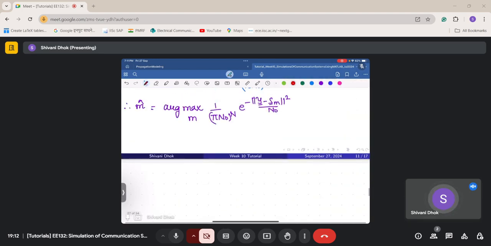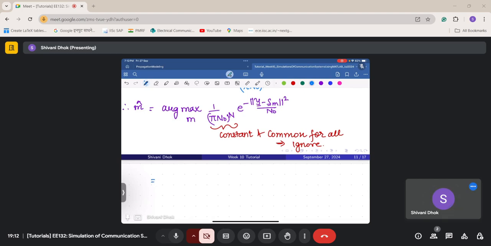Now this first term is constant and common for all, which means we can ignore it. So this is equal to argmax over M of e power minus norm of (y minus Sm) square by N naught.